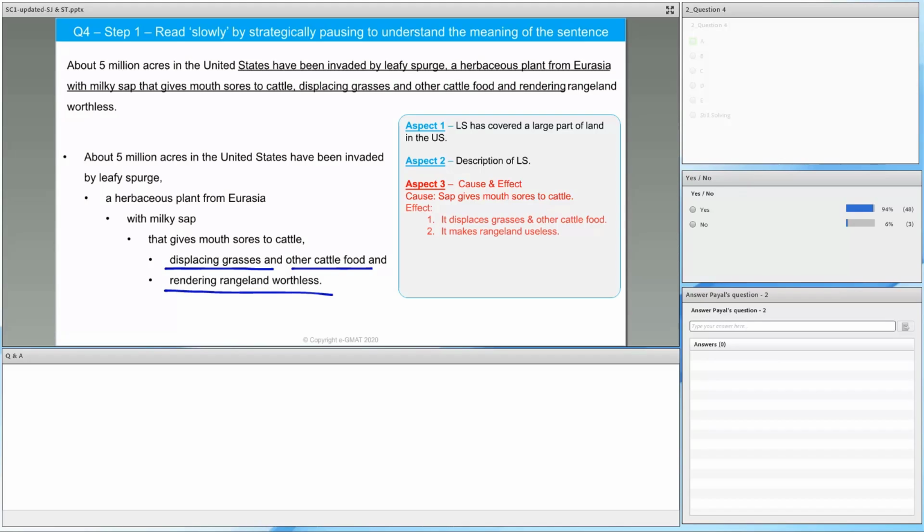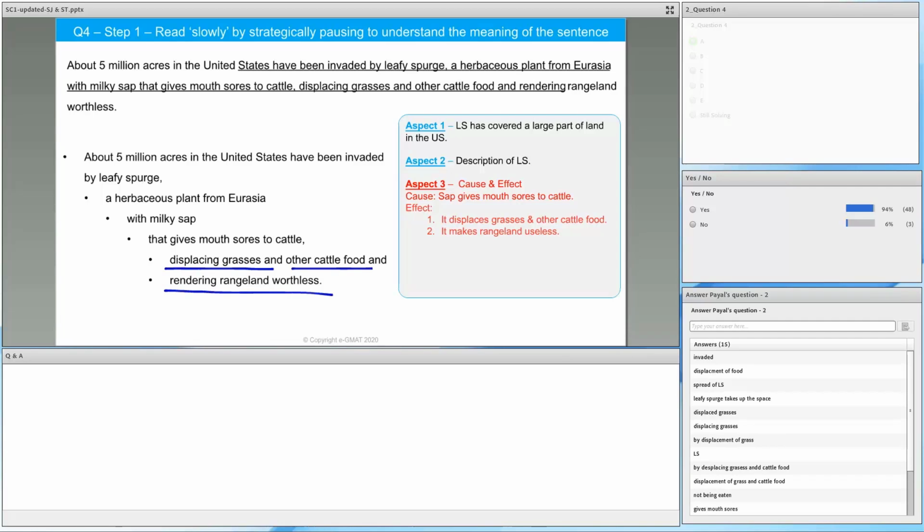How can they become useless? Any guesses? By being invaded? By leafy spurge? Close, but I'm looking for a little more. Displacement of food. Absolutely correct. By displacing grasses and cattle food.